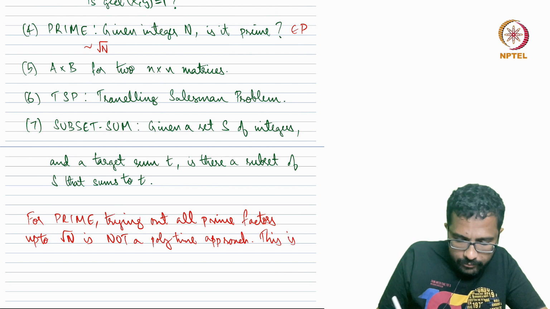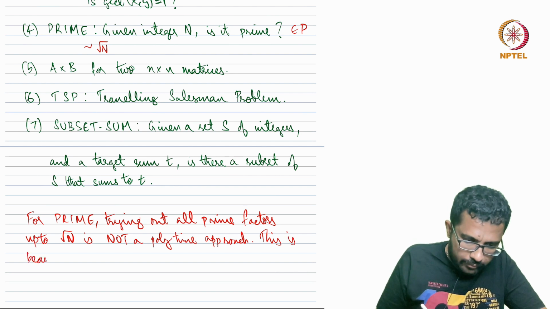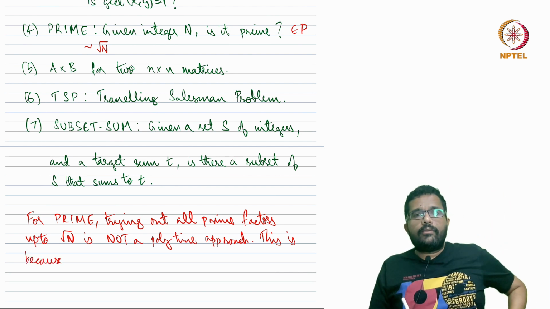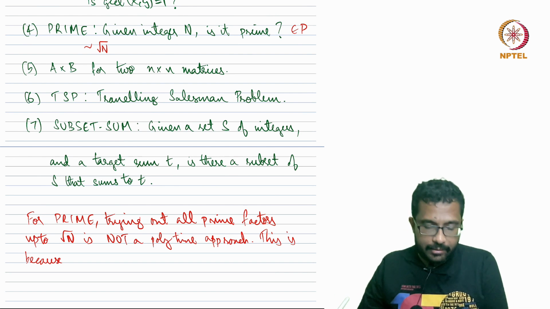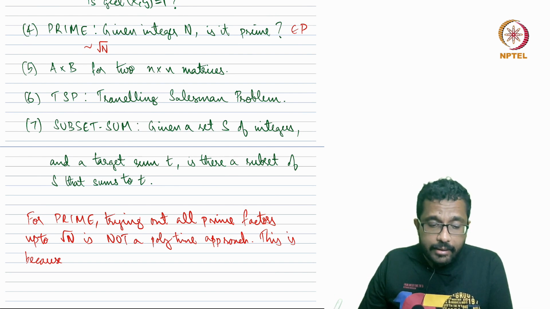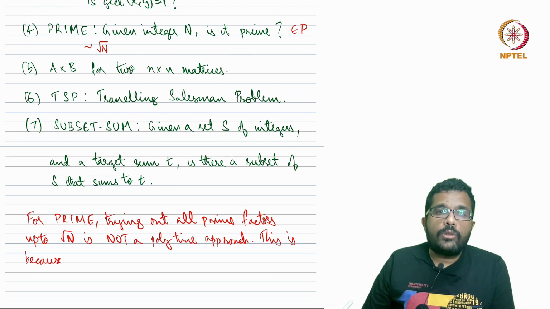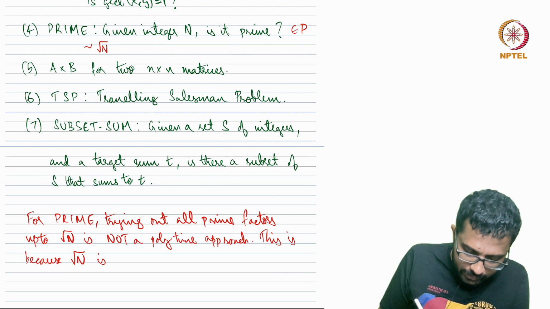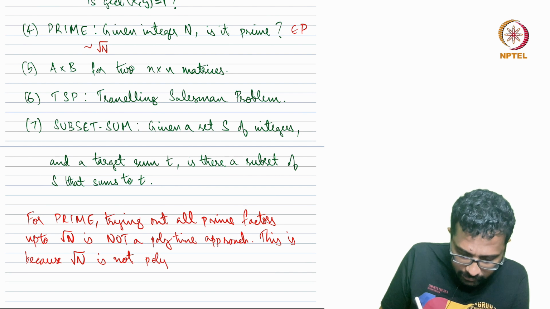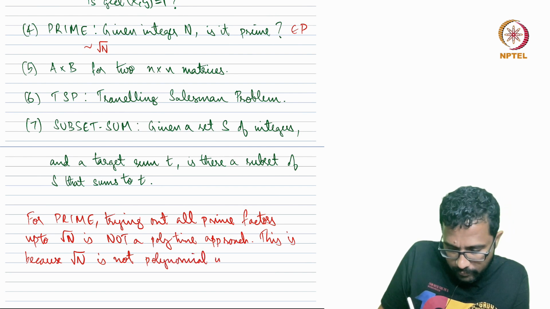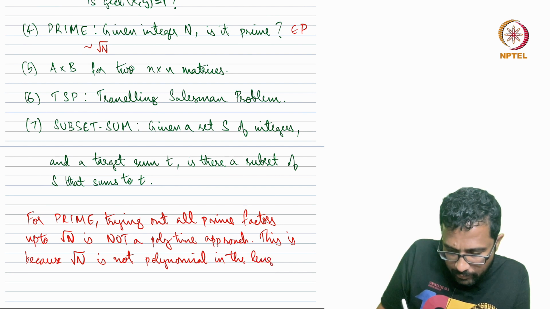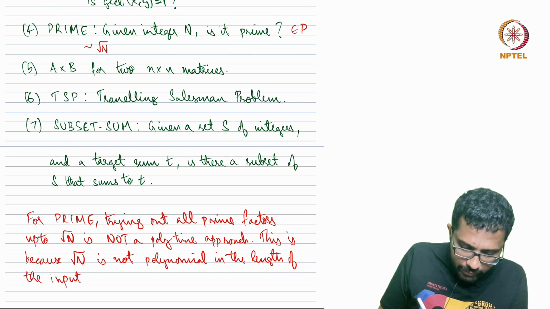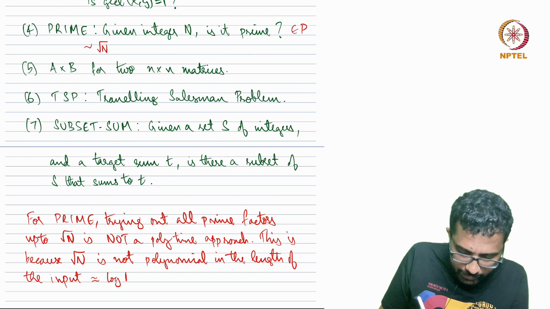This is because, the problem here is that one may think that square root n is polynomial in capital N, which is correct. The thing is that the running time should be polynomial in the length of the input. So square root n is not polynomial in the length of the input, which is like log n.